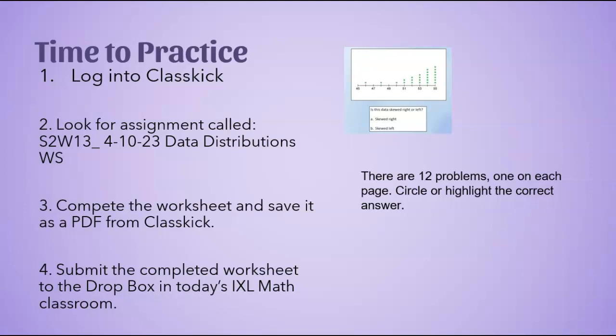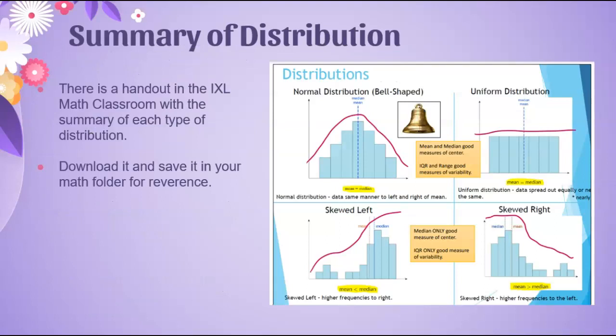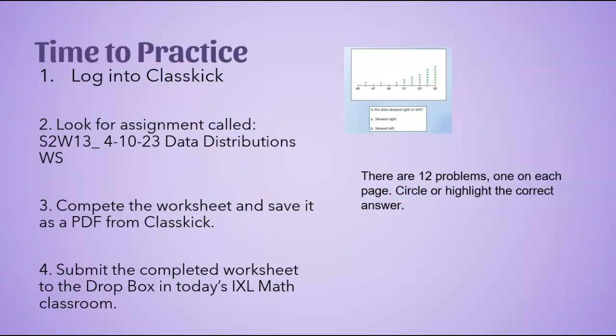You can come back and look at this handout that's in the IXL Classroom to help you with this assignment. There are 12 problems, so you're going to have to click through to each page. There's one problem per page. So finish that up. When you're done with it, save it as a PDF onto your computer, then submit it to the Dropbox in today's IXL Classroom.